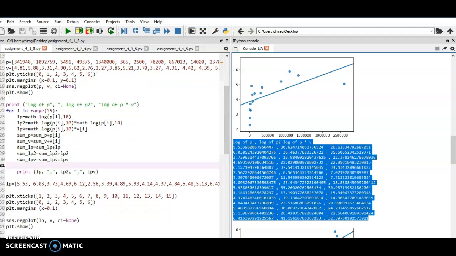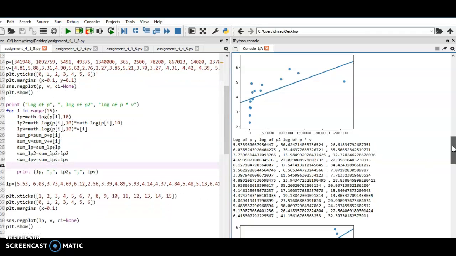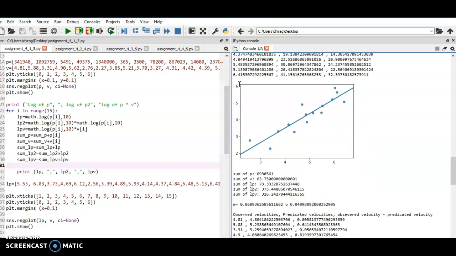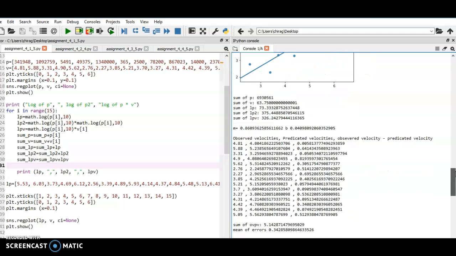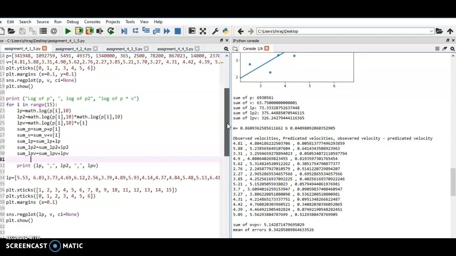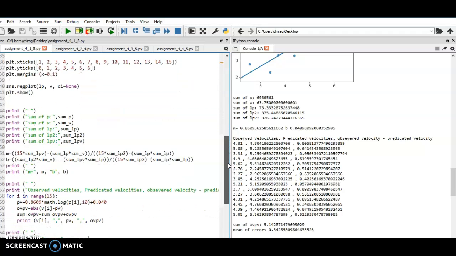Then we generate another plot using log of P values, as you can see in the output. Then we put the data into the model to get slope and intercept. The slope is 0.86 and the intercept is 0.040. Then we put the slope and intercept values into the model, as you can see here. That gives us the predicted velocity.